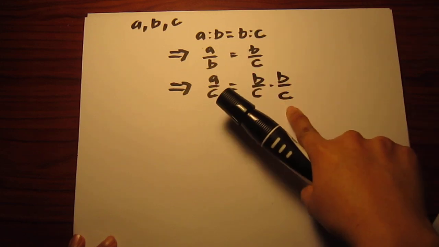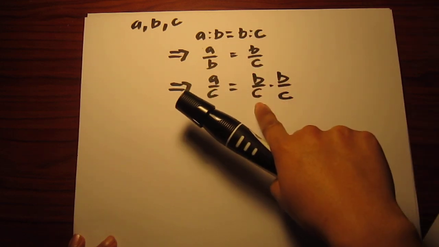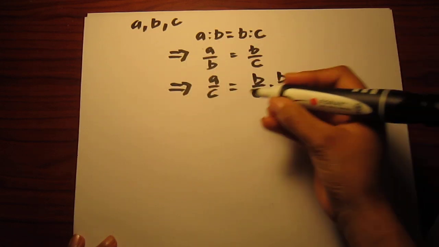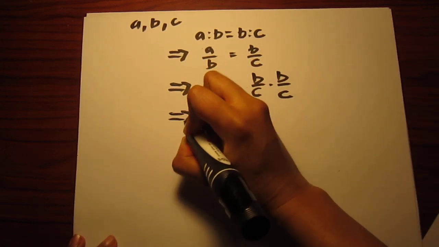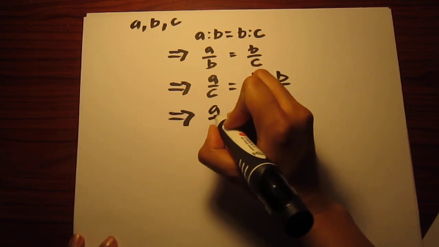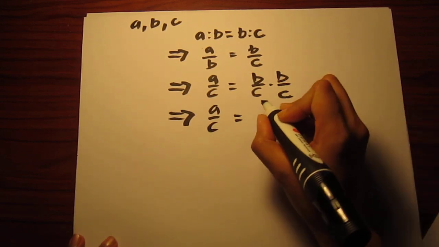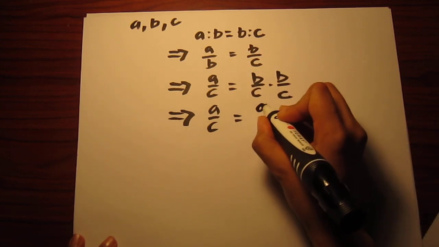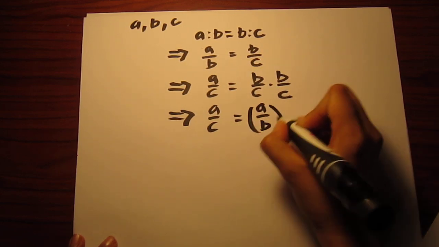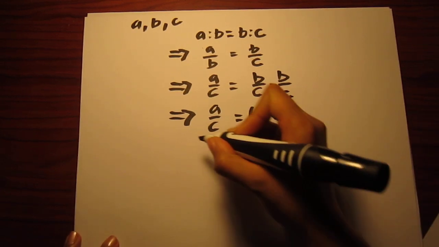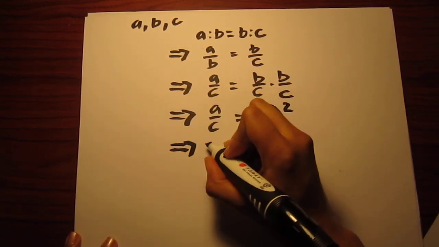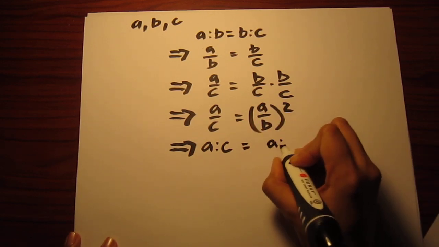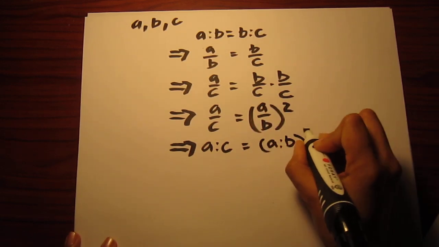But then we want to show that B over C is the same thing as A over B, and we have that here on our first line. So we can just say that B over C is equal to A over B, so we have A over B squared. Now this ratio is the same thing as A to C is equal to A to B squared.